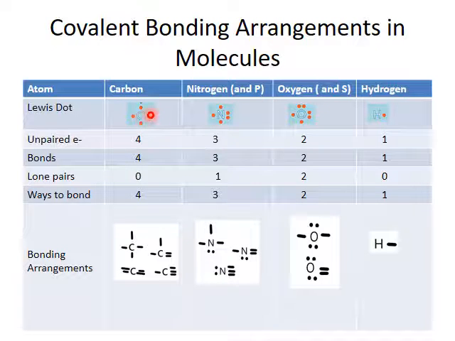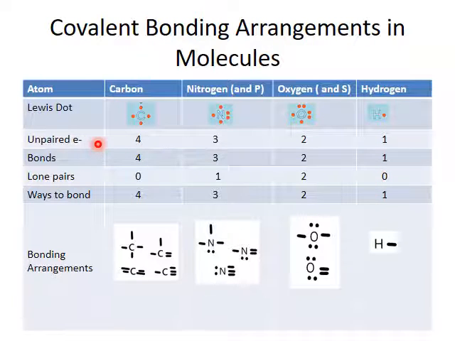Notice it has 4 valence electrons. Nitrogen is column 15, and it has 5 electrons. Oxygen is found in column 16 and it has 6 valence electrons. Hydrogen is found in the first column.